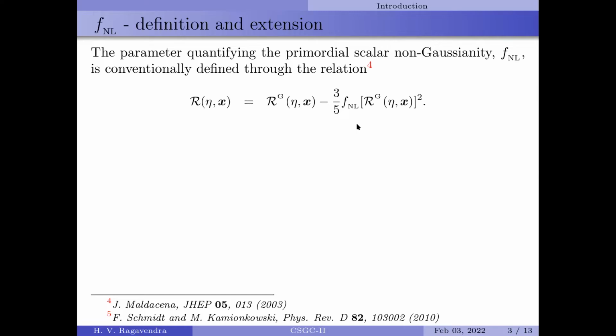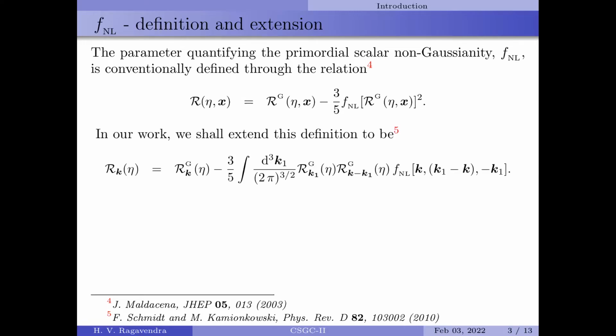So this is the conventional definition, and we extend this definition, which is already explored in the literature, in this form, where we consider the relation in Fourier space and consider the mode function corresponding to the scalar perturbation and decompose it into a Gaussian part and a non-Gaussian part, where we see that FNL clearly has scale dependence now and sits inside this integral.